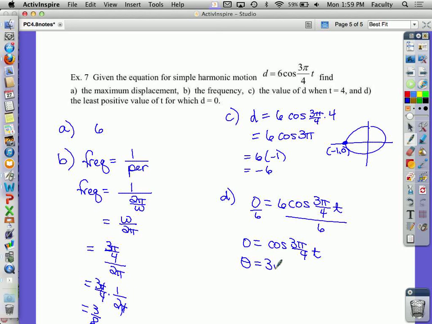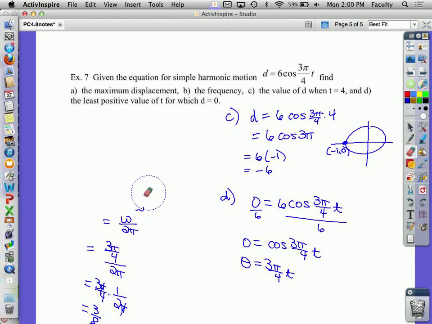What if I let theta be the 3 pi over 4 t? Because this is too difficult of a problem. We don't know how to do it the way that it's written. So using a simpler problem is a wonderful strategy to use. So watch what I can do.